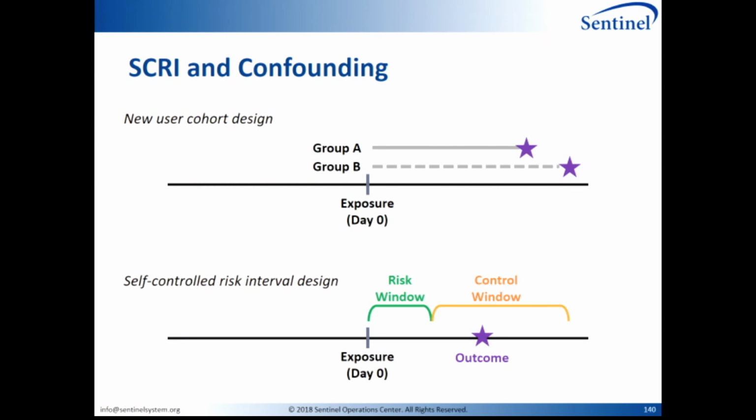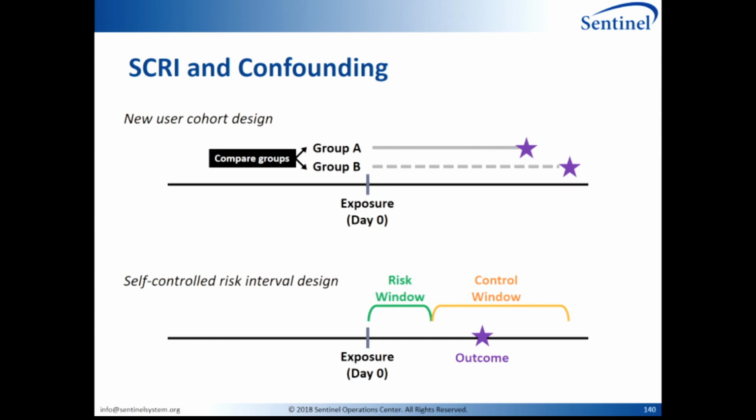So you've seen this comparison before between the new user cohort design and the self-controlled risk interval design. And I just want to make clear again that in this case, for the new user cohort design, we're really comparing groups of people. So we're comparing the average incidence in group A versus group B, and we need to statistically adjust away the differences.